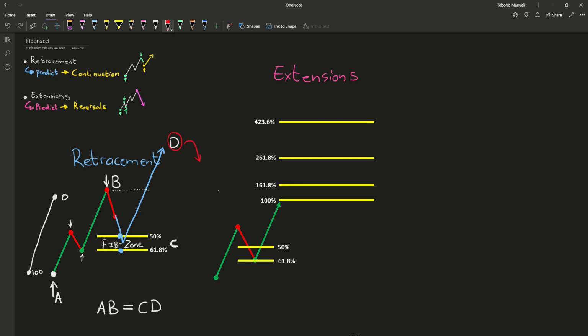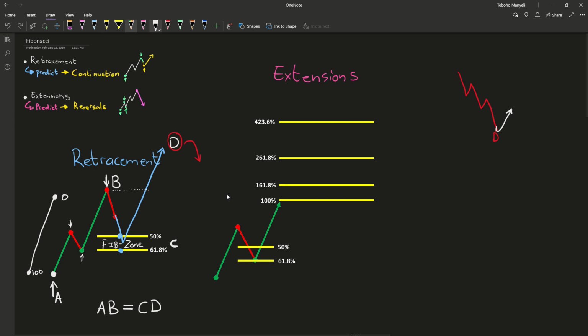But if it was a downtrend, point D will be a point where the market will then decide that it's moved down long enough, so this will be point D, and then the market will turn from there and start going up. So point D is a point of reversal, and that's what we're talking about, and the Fibonacci expansion is here to help you understand that.